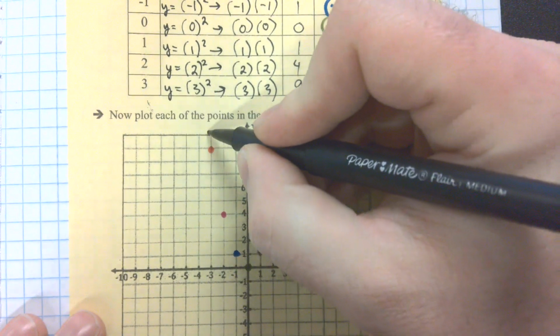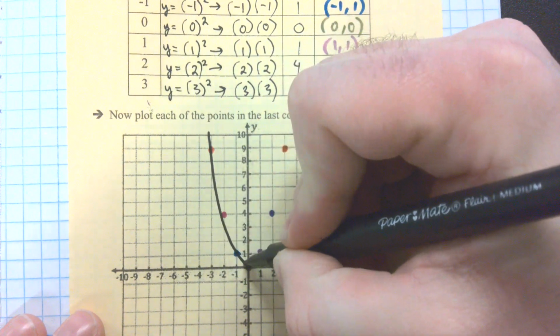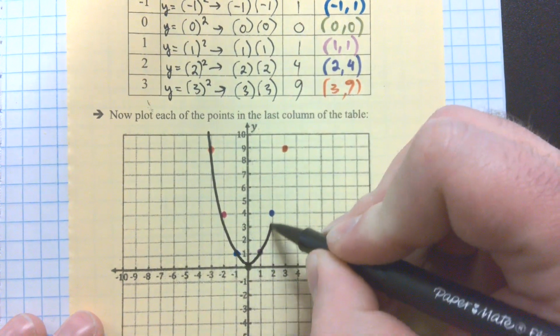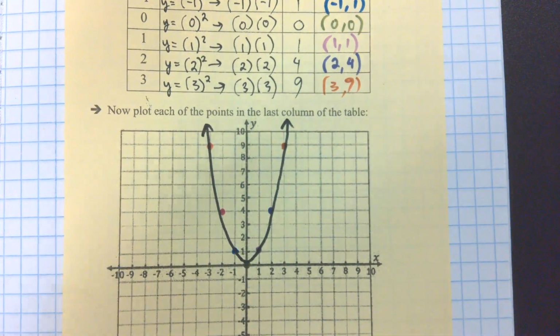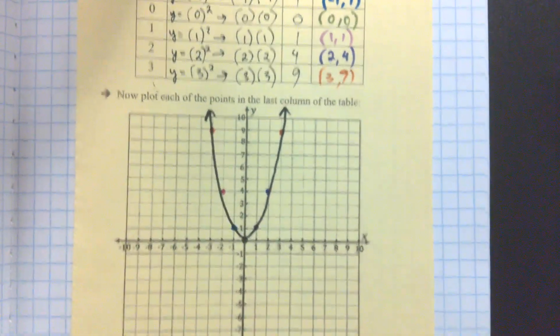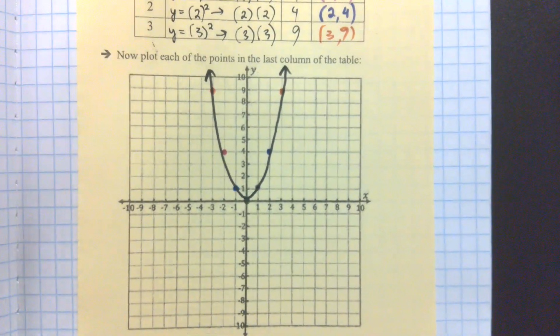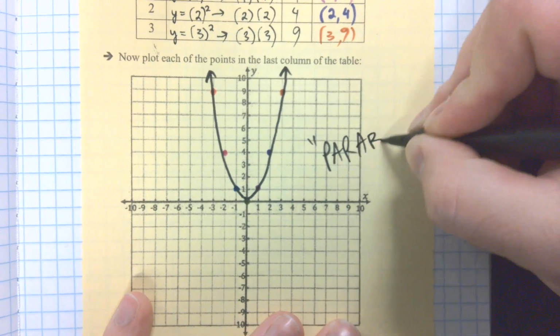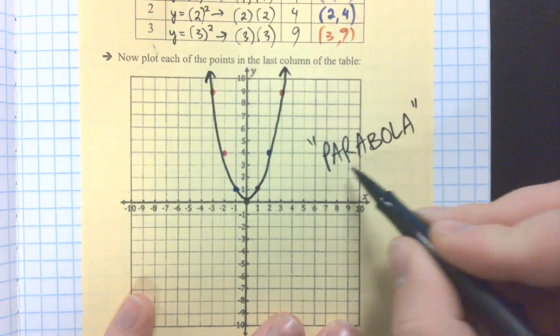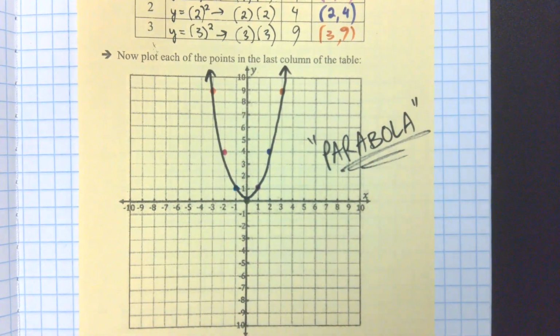We'll carefully connect all those points together, making sure we don't make it a nice sharp V on the bottom. It's got to be a rounded U, just like that. This is called a parabola.